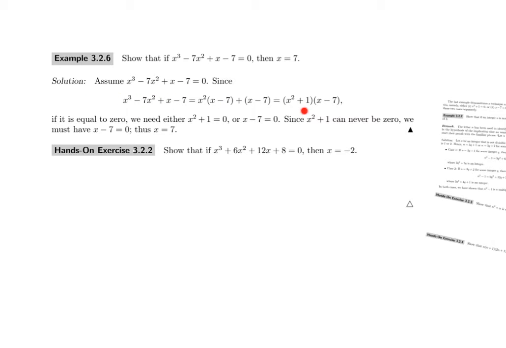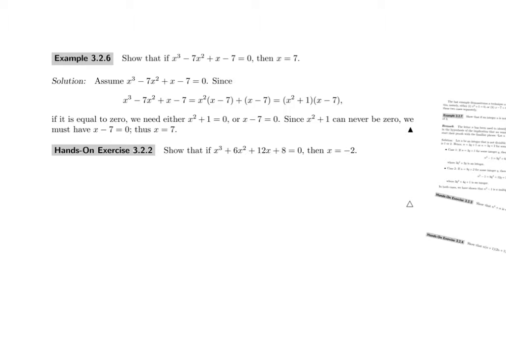You do some work with it, and then you talk about why you can conclude the conclusion of the if-then statement from your work. So you go through this, they're doing some algebra, they're doing some factoring, and the way they say it is, since all of this is equal to 0, we either need x squared plus 1 to be equal to 0 or x minus 7 to be equal to 0.